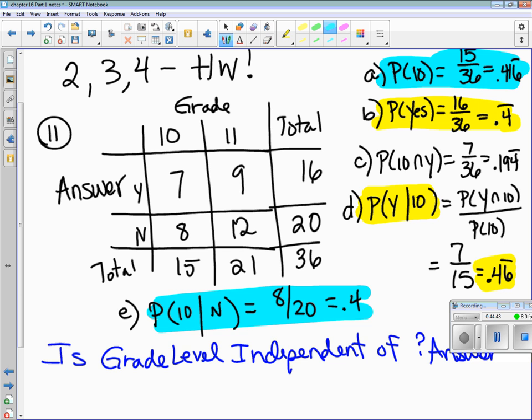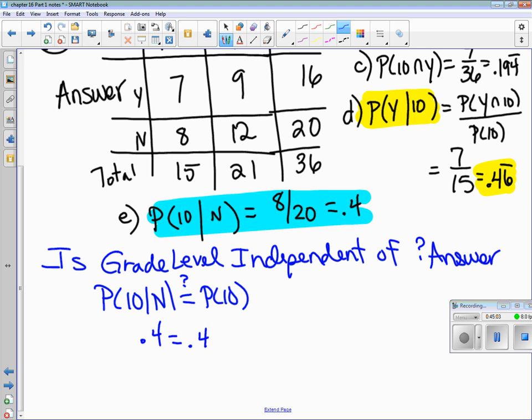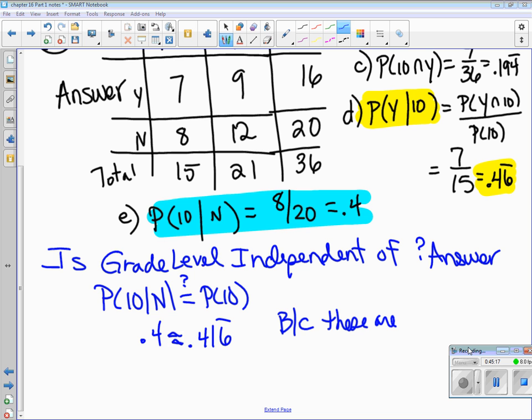So what I would say is this. To be a complete full credit answer, the probability of 10 given no, does that equal probability of 10? And we would say 0.4 equals 0.416 repeating. And I might put a wavy equals there. And I would say because the probabilities are close, I might even say relatively close, they're not exact.